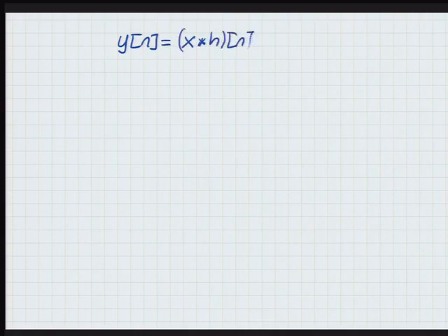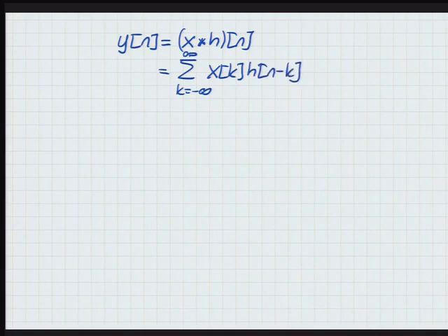We know that the output is the convolution of x and h. And the definition of convolution is the sum from k negative infinity to infinity, x of k, h of n minus k, right? Now, actually, wait. It's better if I use the commutative property, because then the argument will be simpler.